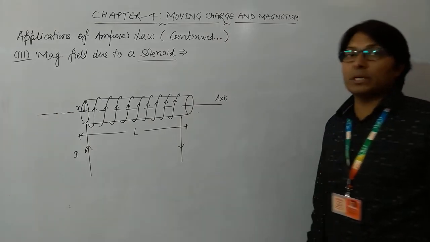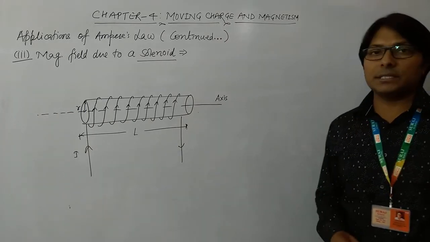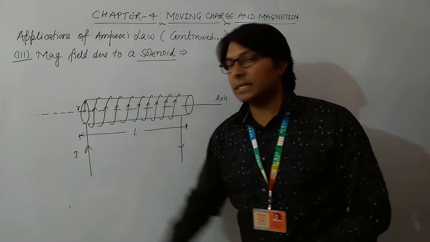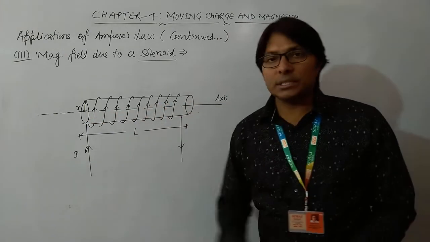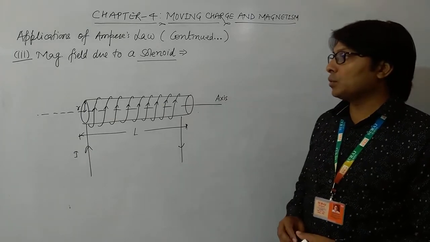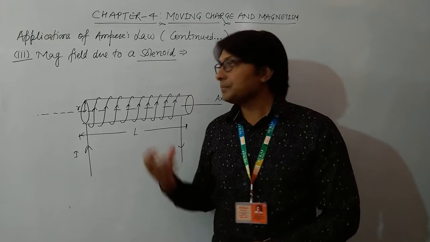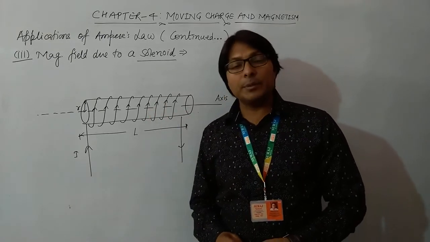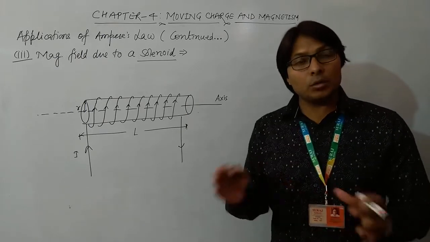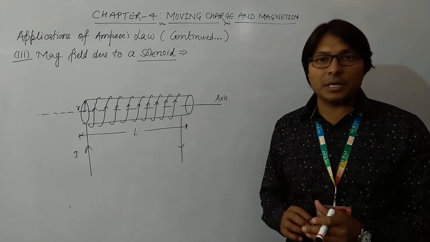We want to derive the formula of magnetic field inside the solenoid, or in fact at its axis, which we have represented by this dotted line, using Ampere's law. As you all know, for applying Ampere's law we first have to construct a closed path, known as the Ampere path.